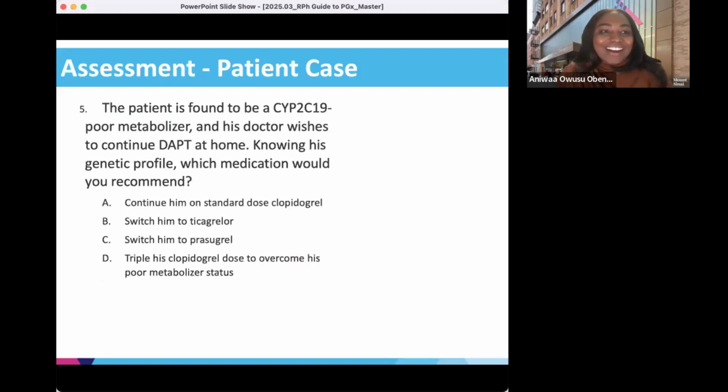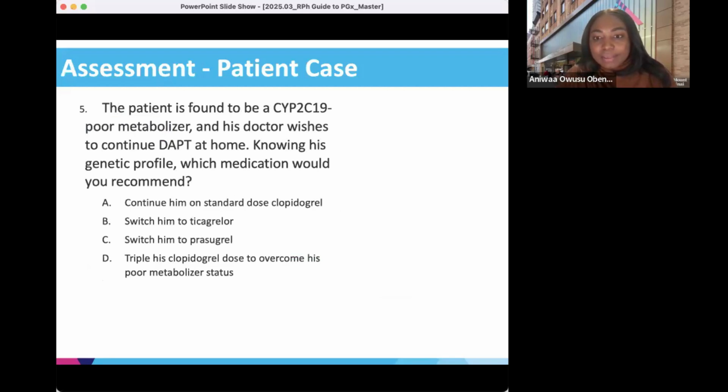Lastly, the patient is found to be a 2C19 poor metabolizer, and his doctor wishes to continue his dual antiplatelet therapy at home. Knowing his genetic profile, which medication would you recommend? Would you continue him on standard dose clopidogrel? Would you switch him to ticagrelor? Would you switch him to prasugrel? Or would you triple his clopidogrel dose to overcome his poor metabolizer status?